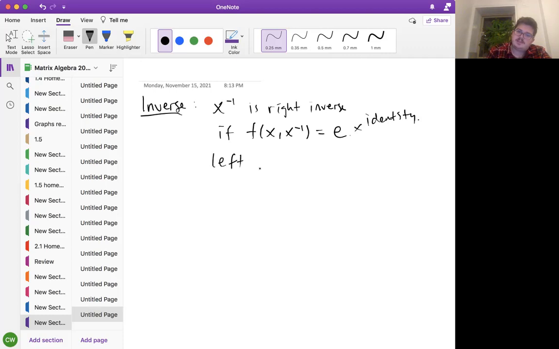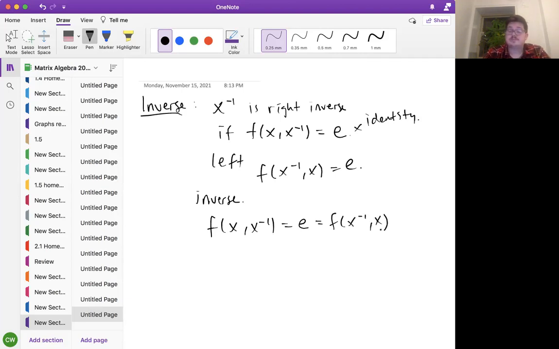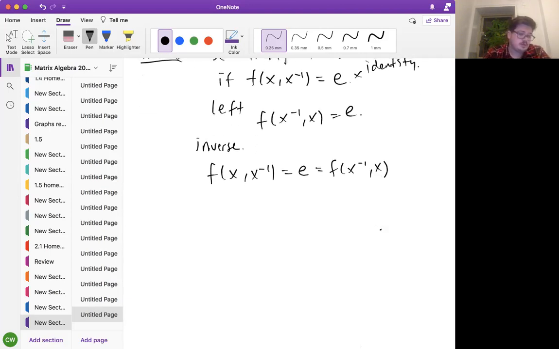It's a left inverse if that's equal to the identity on the other side, and then it's just the inverse if it's an inverse on both sides.